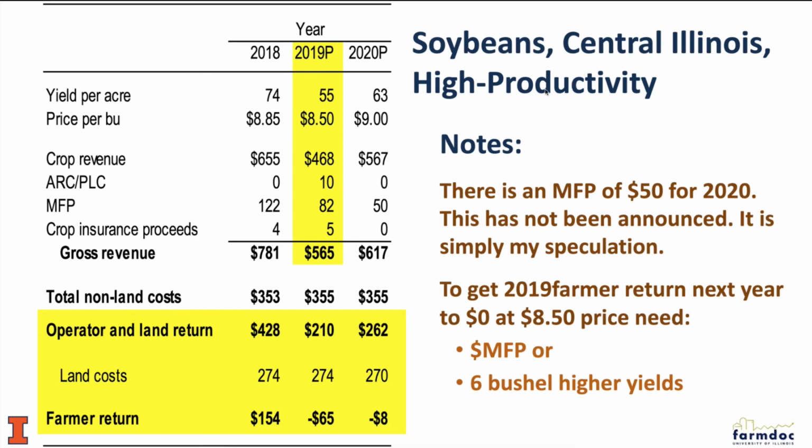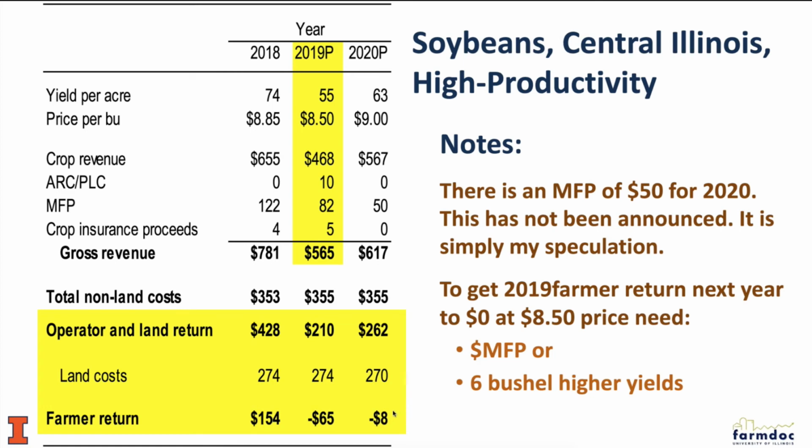I've built in here a $9 price, which is a rebound for prices, and that may be a stretch. 63 bushel yield, which is still below our 2018. But we are looking at a minus $65 return here, given those scenarios for 2019, minus 8. And again, that minus 8 is built on a $50 MFP.